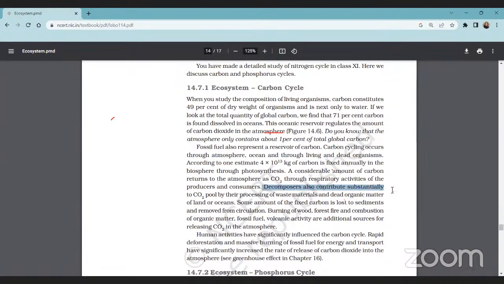Decomposers also contribute to the sustainability of the CO2 pool by processing waste material and dead organic matter of land or oceans. In the oceans also the decomposers are present.